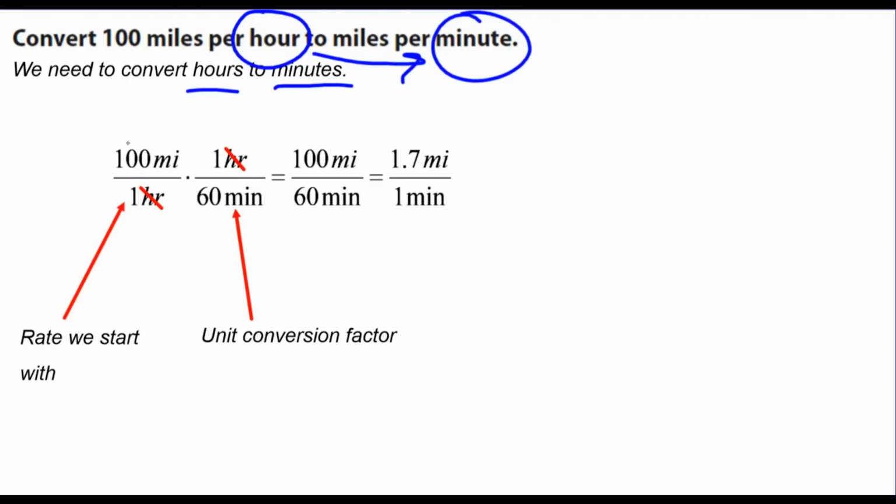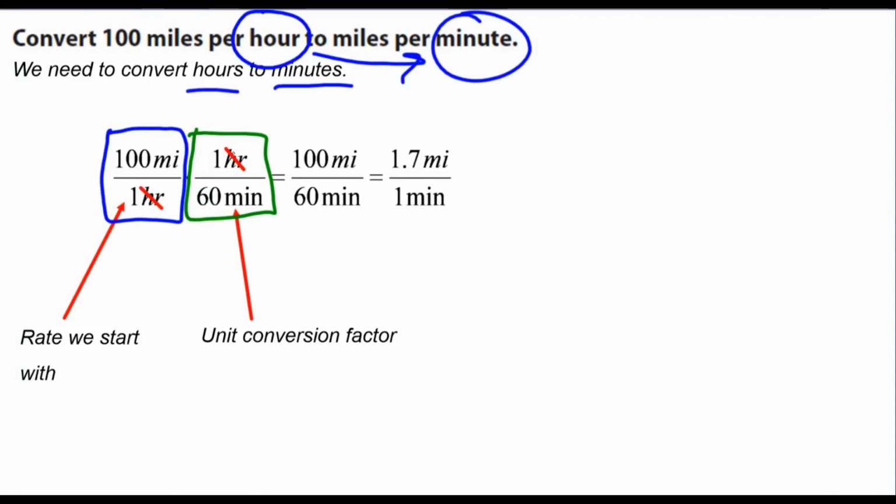So what I did is I took the rate that we started with, 100 miles per hour, and I'm multiplying it by a unit conversion factor that compares hours and minutes so that I can convert hours to minutes. 1 hour is 60 minutes, so that's the unit conversion factor I used. And I put hours in the numerator because I want my hours to cancel out with the hours in my unit rate, 100 miles per hour.